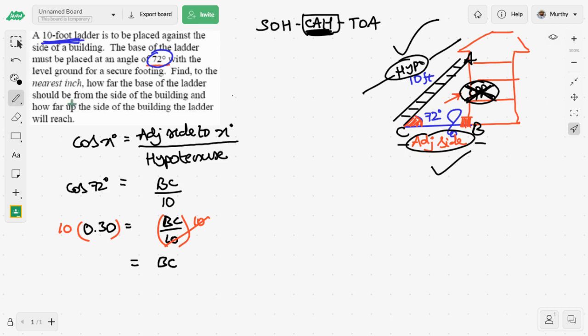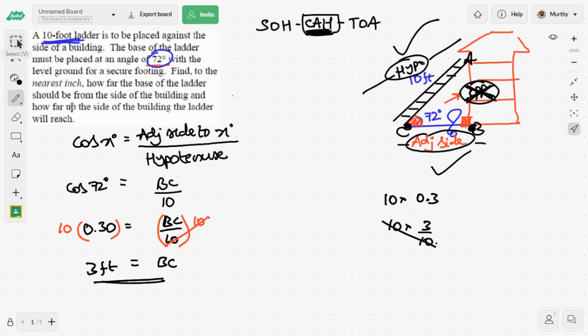Here I am showing the working: 0.3 is 3 over 10, so 10 times 3 over 10 equals 3 feet. So the ladder is to be placed 3 feet from the building on the ground.